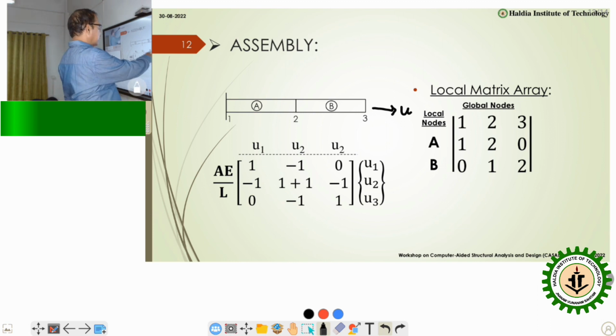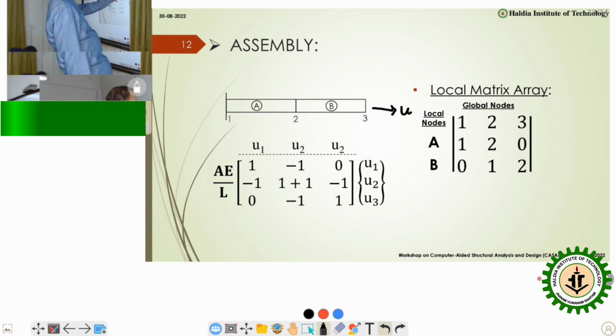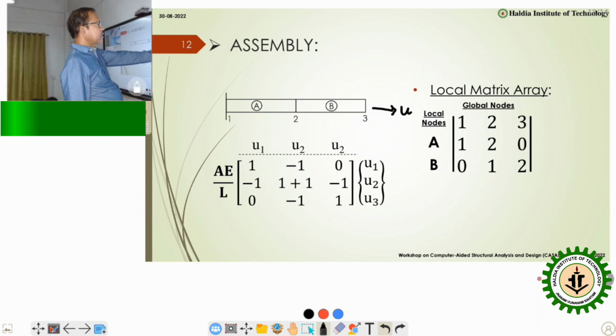But for the second member, the first degree of freedom coincides with the second degree of freedom of the overall structure, and its second degree of freedom coincides with the third degree of freedom of the overall structure. So writing these local and global nodes, we have to assemble with correspondence to the proper degrees of freedom, otherwise there will be error.